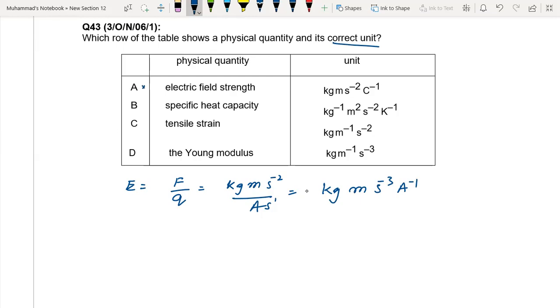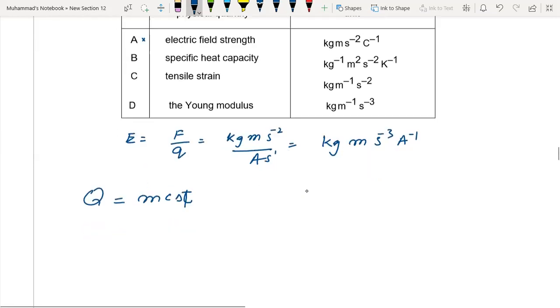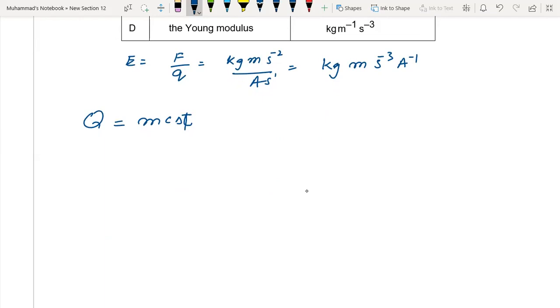So A is incorrect because specific heat capacity is defined as, you know that Q is mc delta T. Delta T is temperature change and Q is thermal energy, that is mc delta T, and c is specific heat capacity. If you make c the subject, this is Q over m times delta T. Q is energy, that is kg m s minus 2, sorry, that is also meter square, and this is kg, and delta T is in Kelvin, so kg will cancel out.